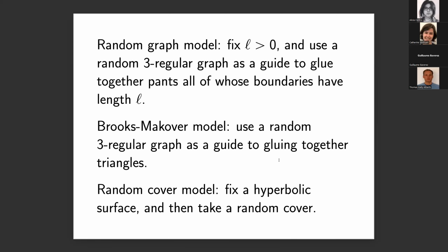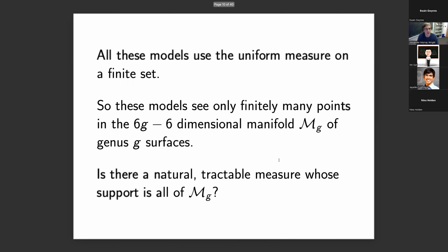And then there's the random cover model, where you fix maybe a genus 2 hyperbolic surface, and you look at all of the degree D covers for some big number D. That's a finite set, and you pick one uniformly at random. And a lot of beautiful work has been done there.